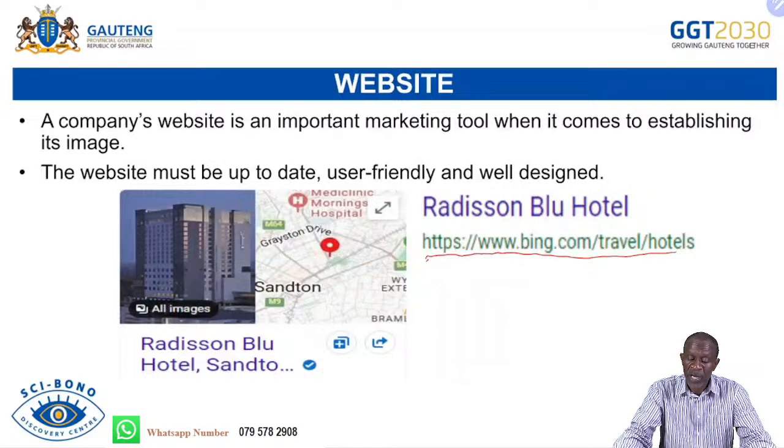So it is one of the key factors to be considered in shaping the professional image of a business.